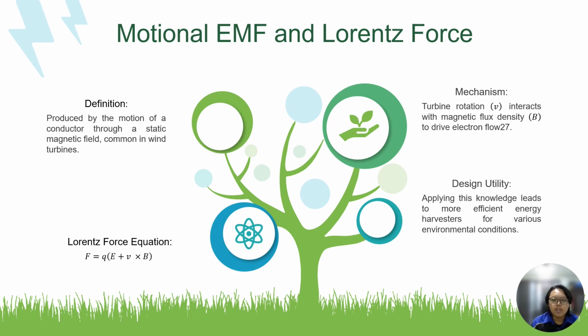The Lorentz force equation is force equals electrical charge times the bracket of the electric field plus the conductor speed v times the magnetic flux density B. In an application like a common wind turbine, the rotation of the turbine blades, v, interacts with the magnetic flux density B to drive the electron flow.